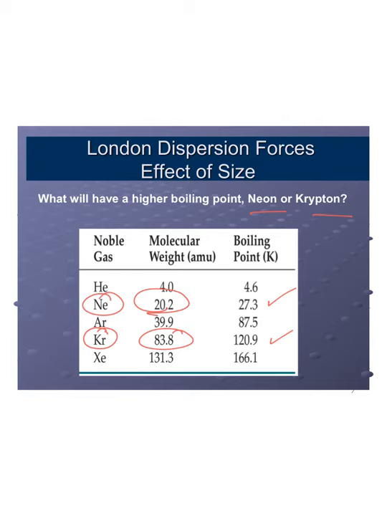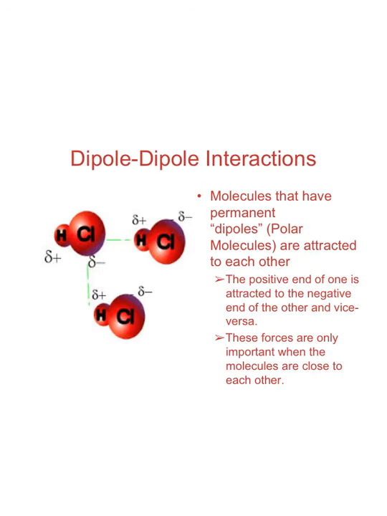That's because krypton has more London dispersion force because it has a greater molecular weight. It's got more electrons and therefore more opportunity to have those temporary dipoles formed.